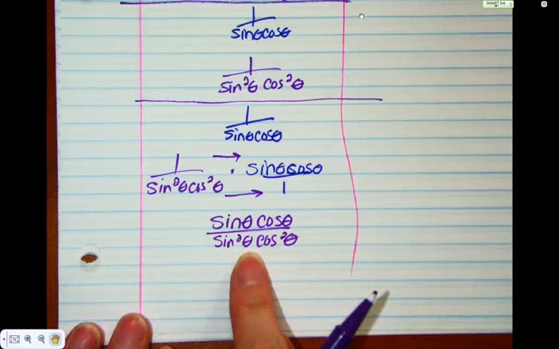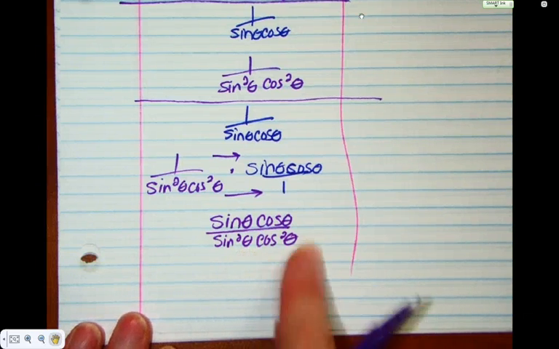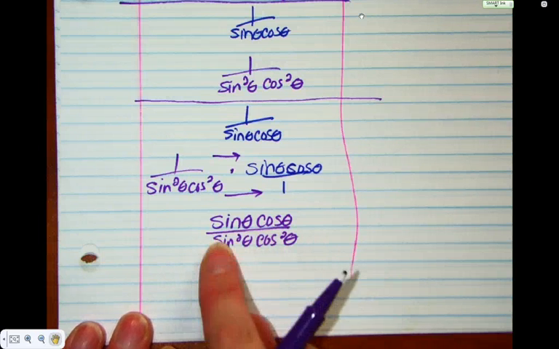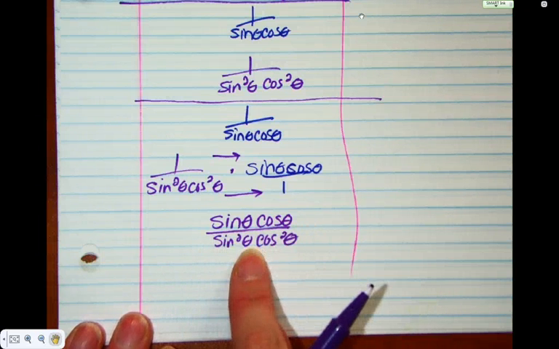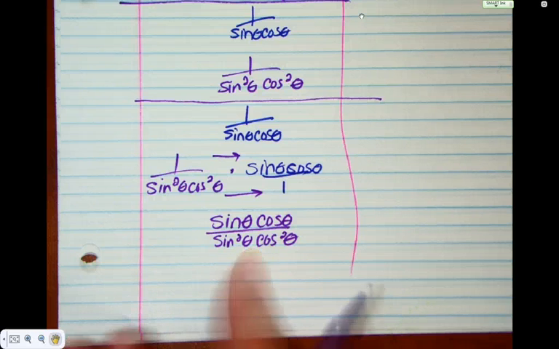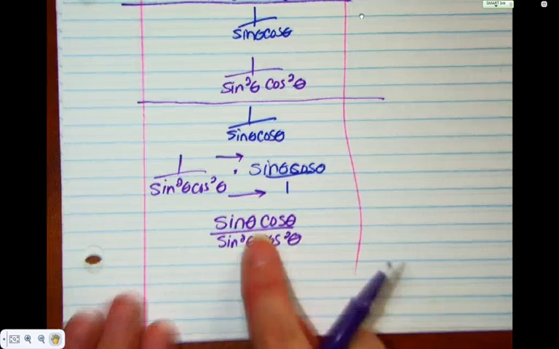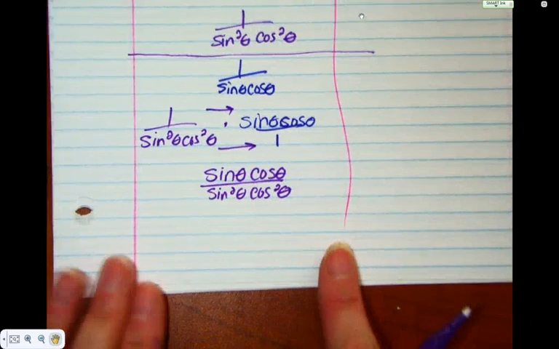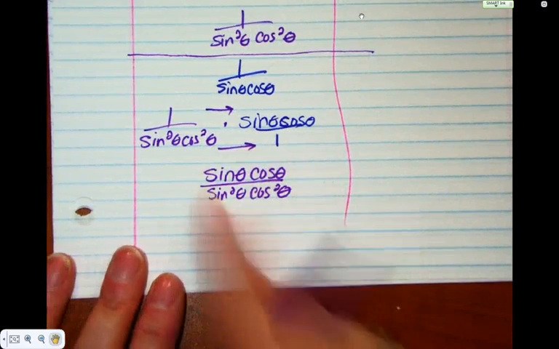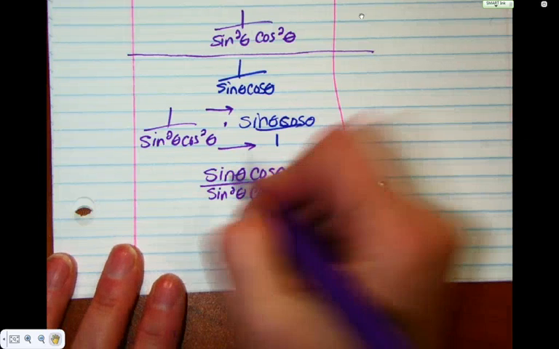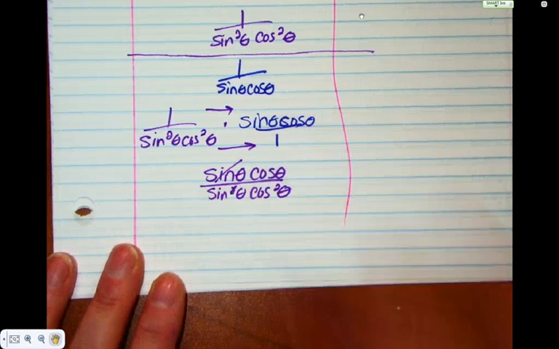Ooh, does the bottom equal 1? You tell me. No, why not? There's no addition. So just because you've seen a sine squared and a cos squared doesn't mean you can cancel it to be 1. It has to be addition. Can we do anything with this? So we can cancel here because we're multiplying everything. So I can cancel the sine on the top with the squared on the bottom.